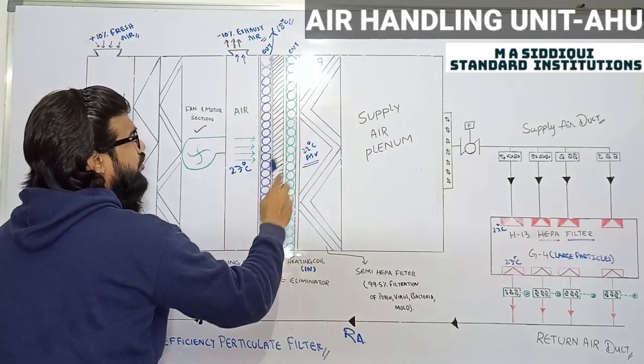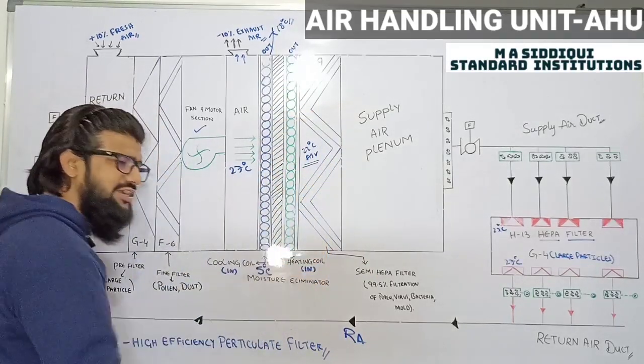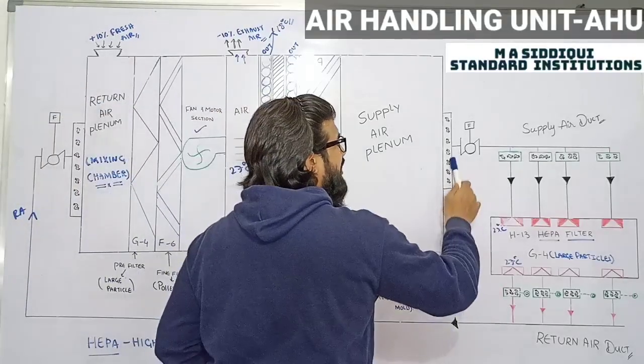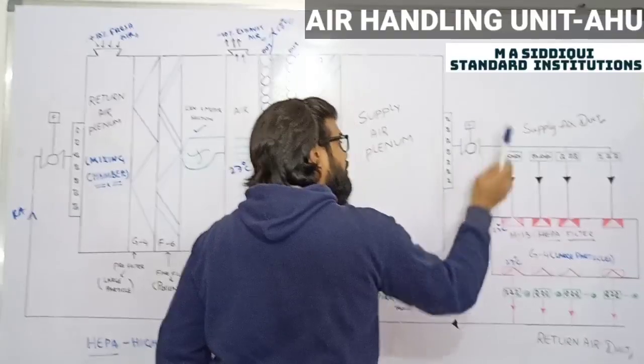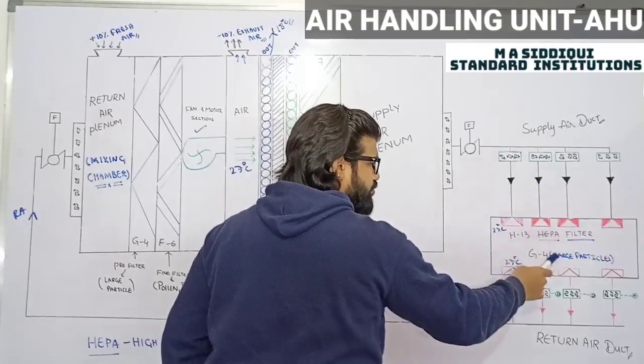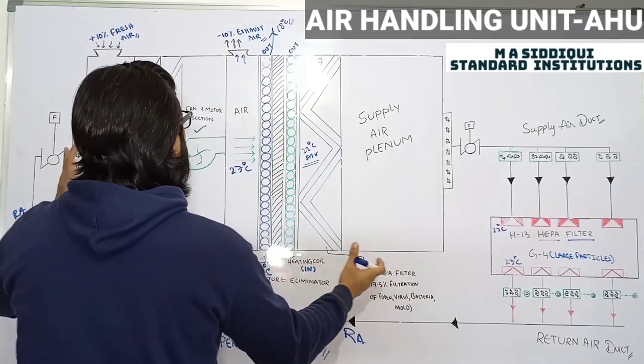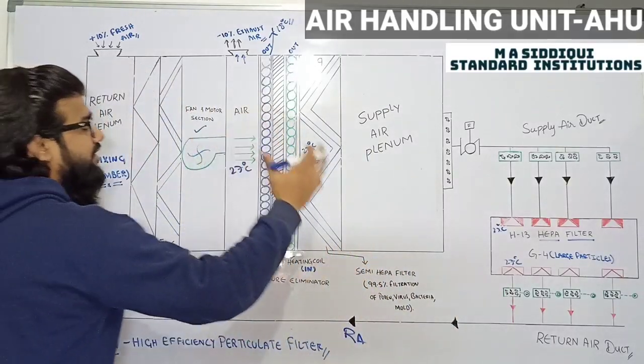Okay, from here it goes to your semi HEPA filter for more filtration, and from here to the supply air plenum, from the supply air plenum via fire damper to your supply air duct, it goes to your space and it cools your space. Hope you understand this particular air handling unit with its different components properly.